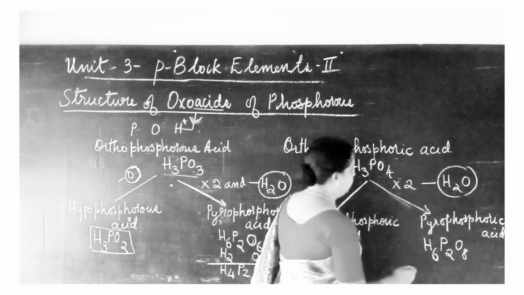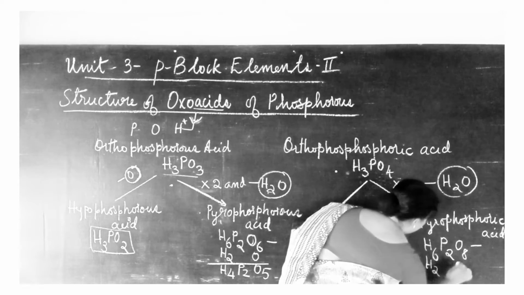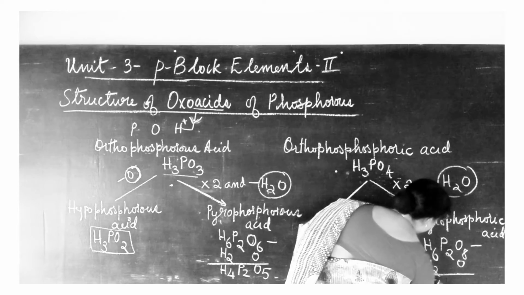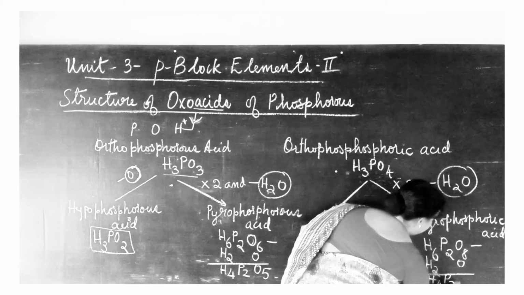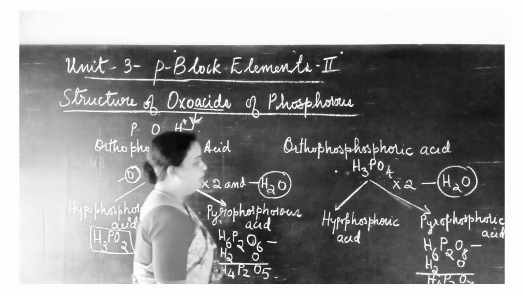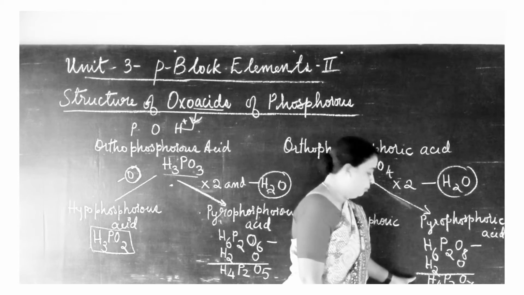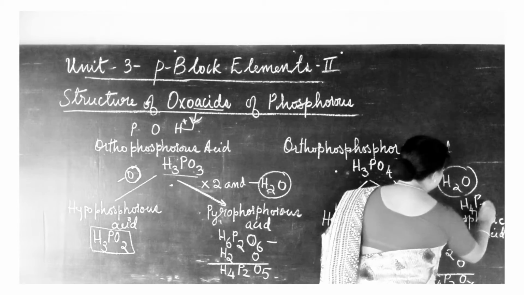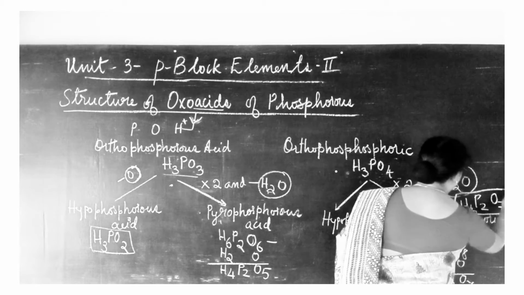Okay. Now from this, you just minus a water molecule, H2O. So what you get here? You get H4P2O7. Okay. So the pyrophosphoric acid formula is H4P2O7.